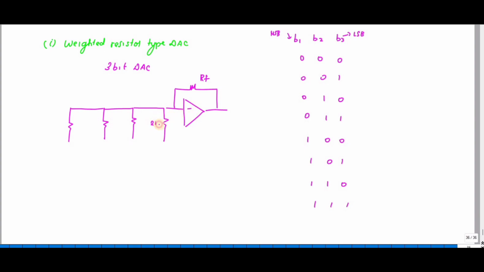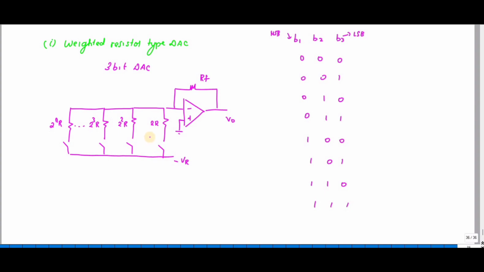This is 2R, this is 2 power 2 R, and this is 2 power 3 R, up to 2 power N. It is connected to minus VR.